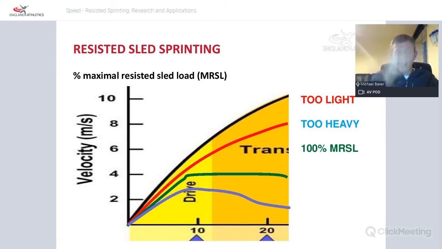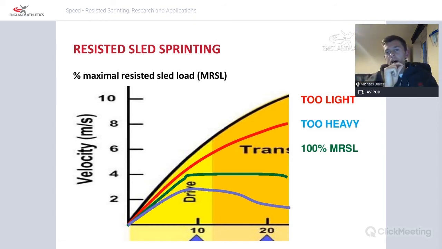What Usain Bolt might then do, if he wanted to work out his MRSL, is apply a load to the sled. And while that might slow him down, he still might be continuing to accelerate from 10 to 15 and 15 to 20. That would be deemed the red line. So if there wasn't enough load on the sled and it was too light, then he would still continue to accelerate through that portion.